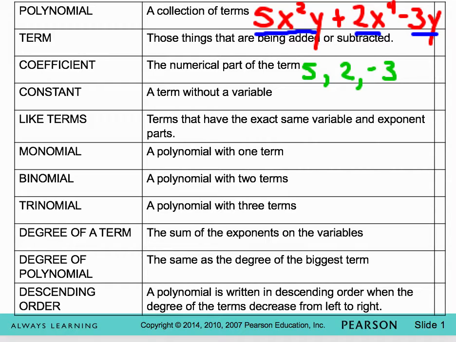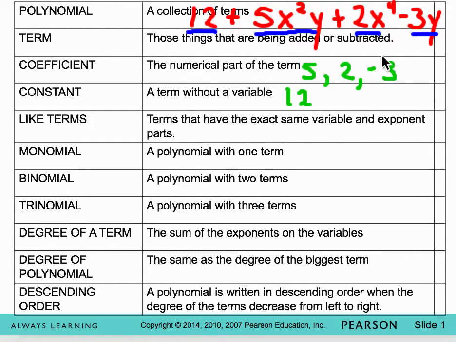Okay. A constant, the constant term, what if we had 12 plus? The constant term is a term without variables. So we would call this one, 12, the constant. Okay, that also means I have an extra term up here, right? Now I have 4 terms separated completely by plus and minus signs.